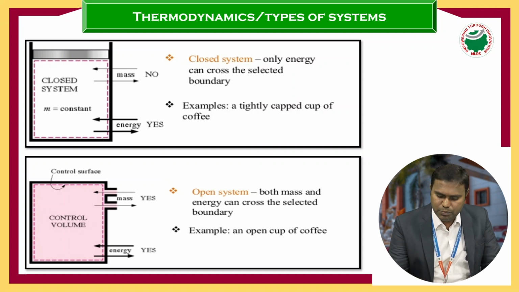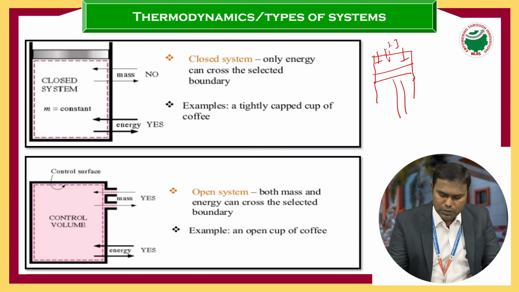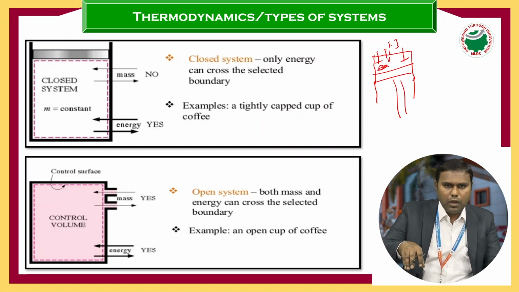One more example, if I consider a piston cylinder arrangement, this is the inlet valve, this is the exhaust valve, and this is the fuel injector. Here this is the fuel, and the fuel gets burned and produces mechanical work.